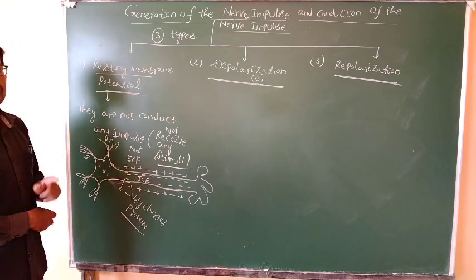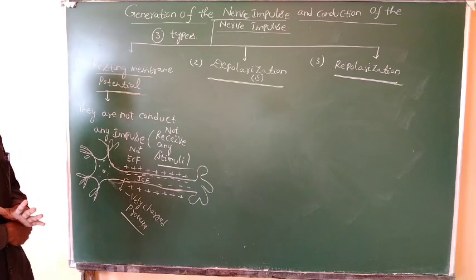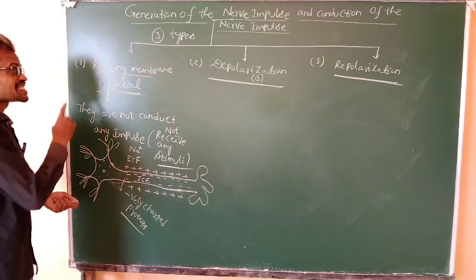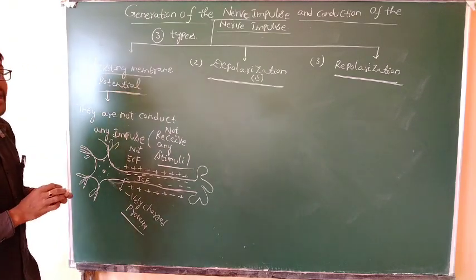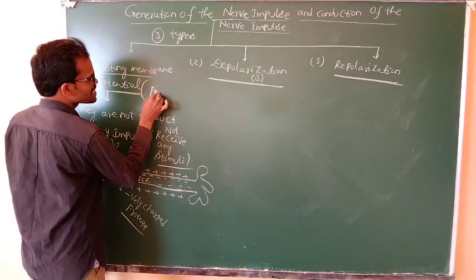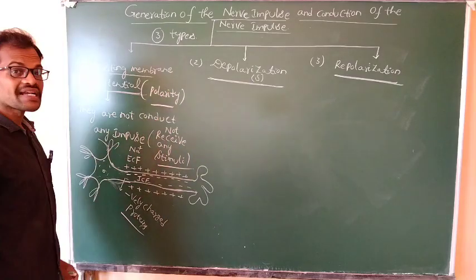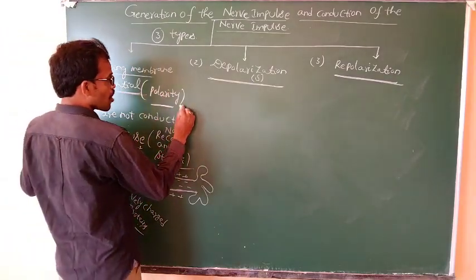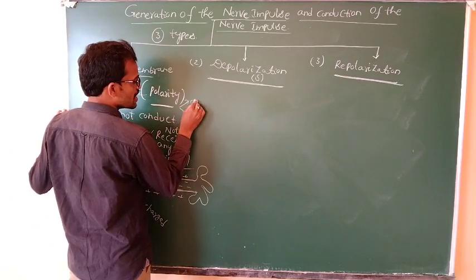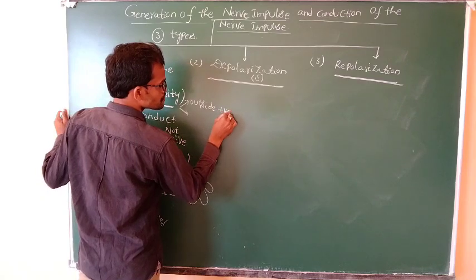Outside always has a positive charge, inside always has a negative charge. The resting membrane always maintains the polarity. What is the outside polarity?